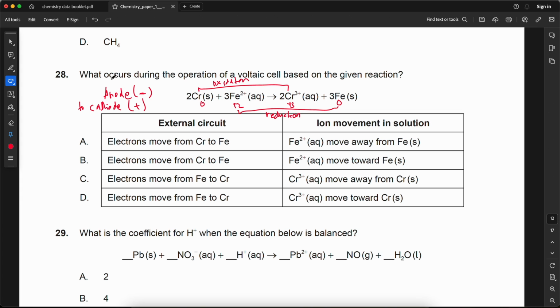Anode is always oxidation, so this should be Cr, and cathode is reduction, so it should be Fe. The electron movement is from anode to cathode, so from Cr to Fe, which leaves A and B. For ion movement in solution, the reaction produces Fe, right? So Fe2 plus moves towards Fe, not away. The answer is B.